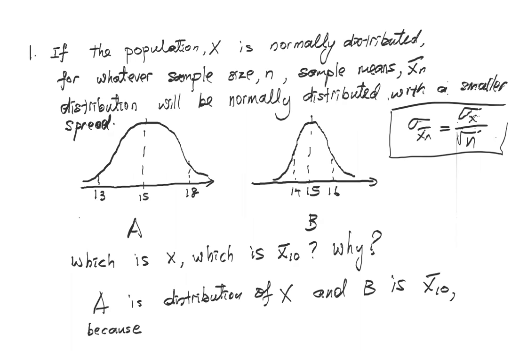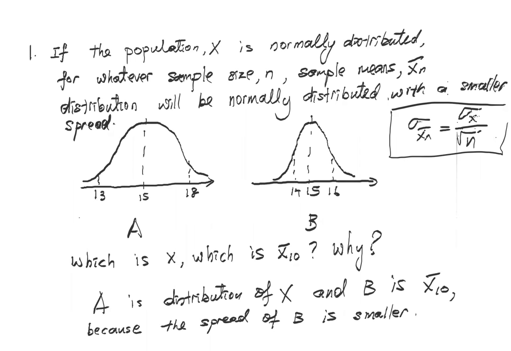What is the reason you choose like that? Because the spread of B is bigger or smaller? Smaller. Both are normally distributed, correct?